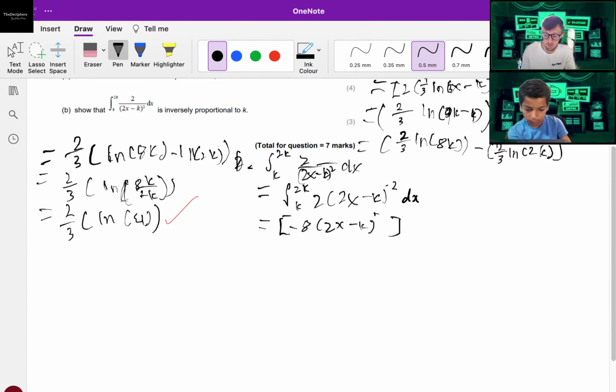But you need to divide by the new power, so it is negative still, but you're dividing by the derivative of 2x minus k, not timesing. Then 2 divided by 2 is just 1.